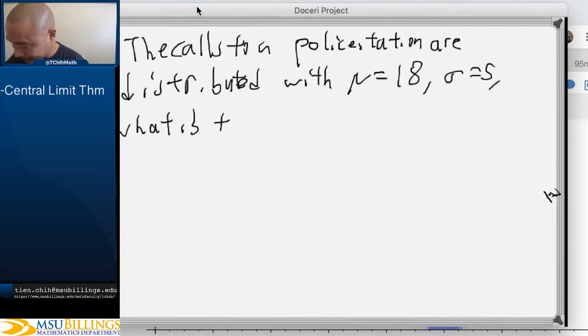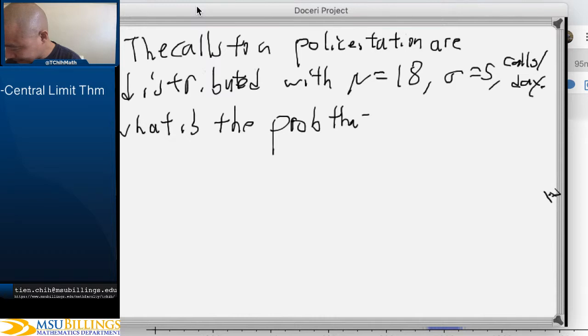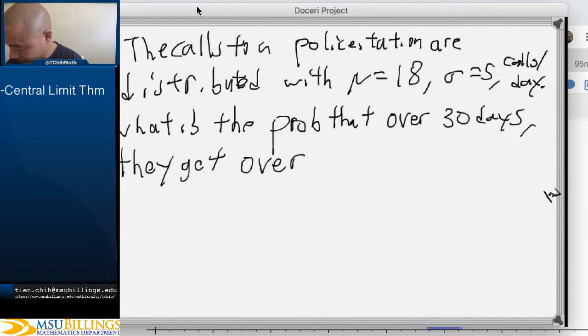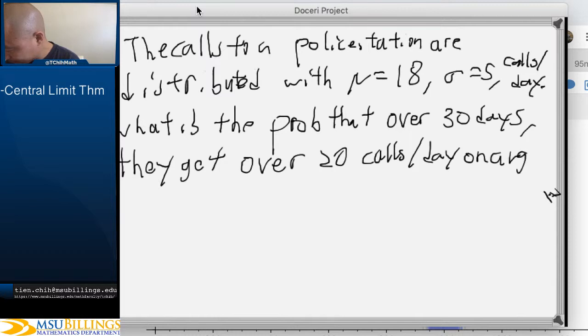What is the probability, let's say per day, calls per day, that over, let's say, 30 days, they get over 20 calls per day on average?